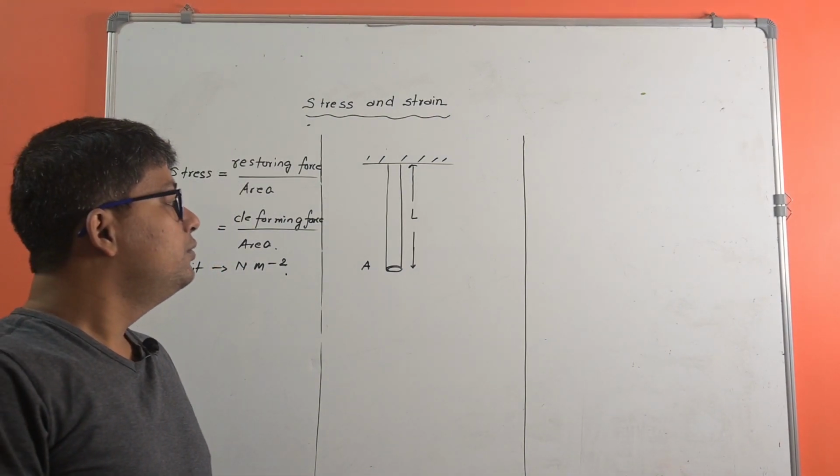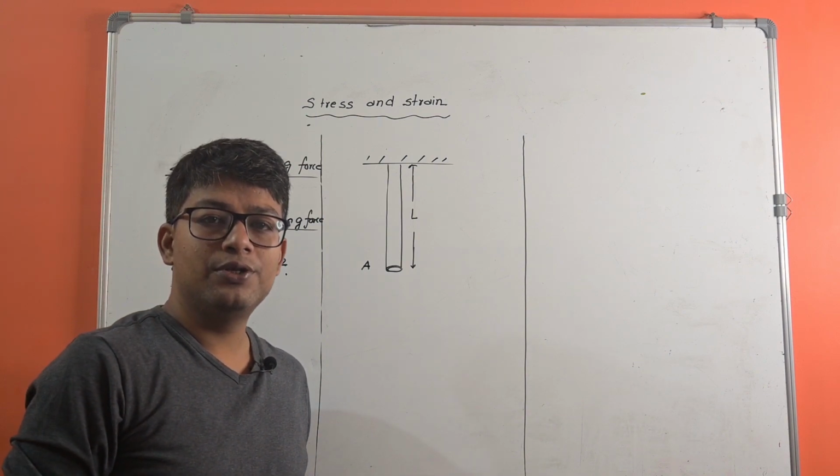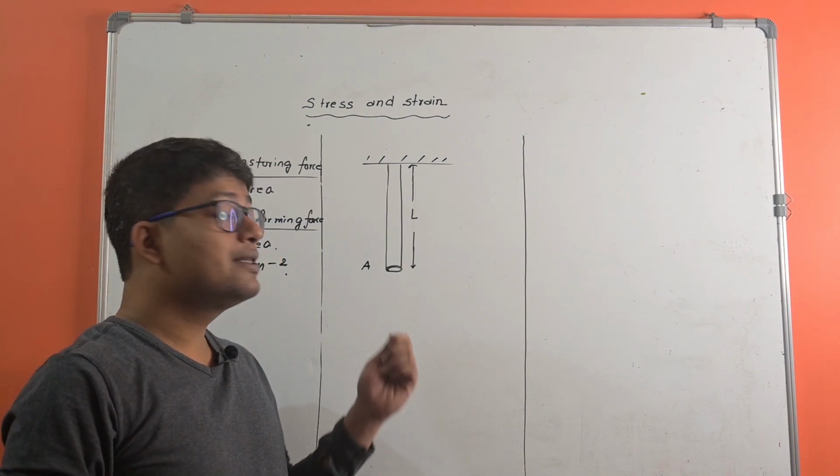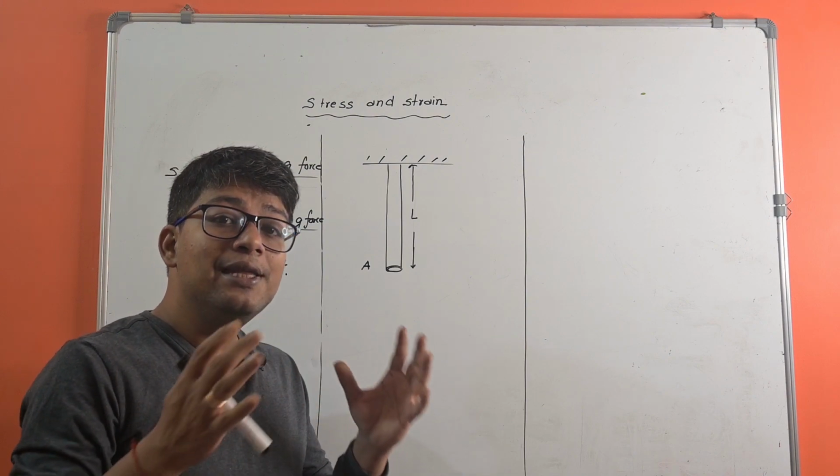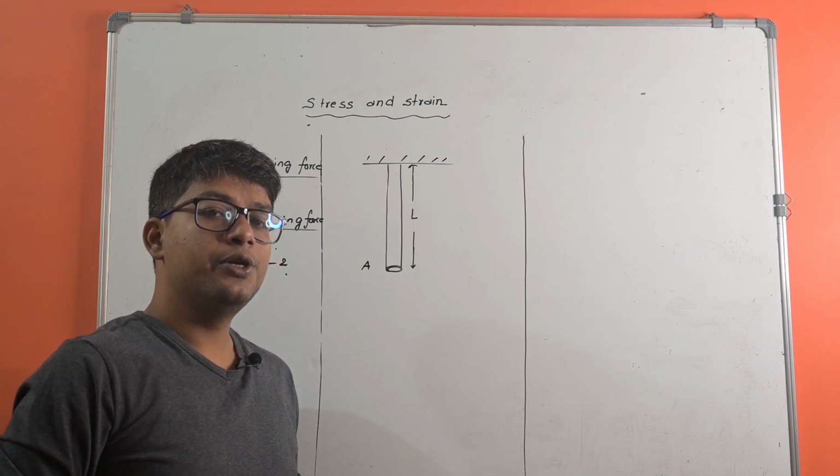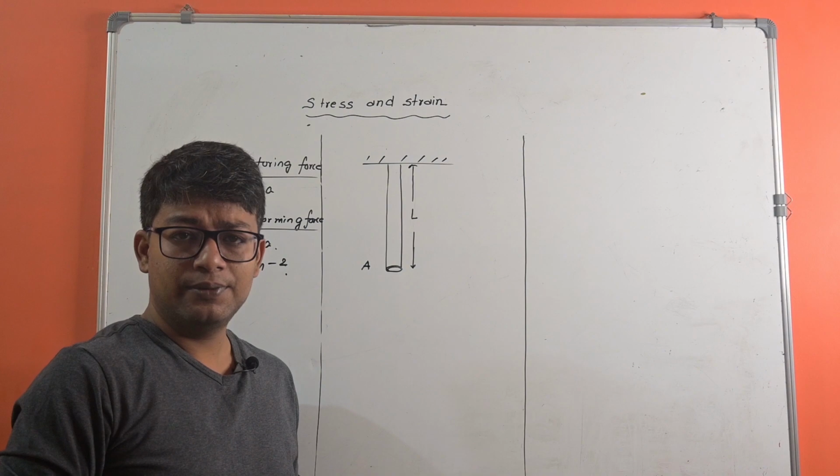Now suppose I want to create some kind of deformation in the wire. Let's say I want to increase the length of this wire. So I have to apply a deforming force.